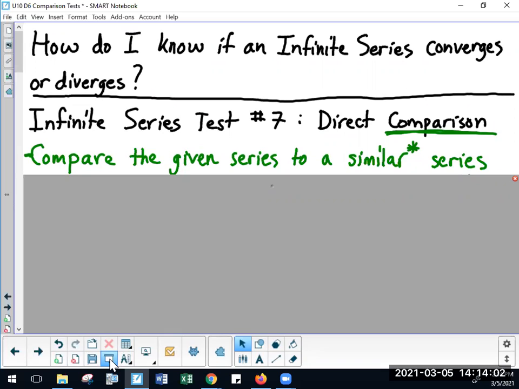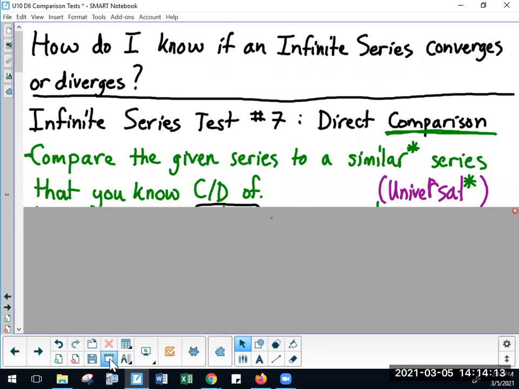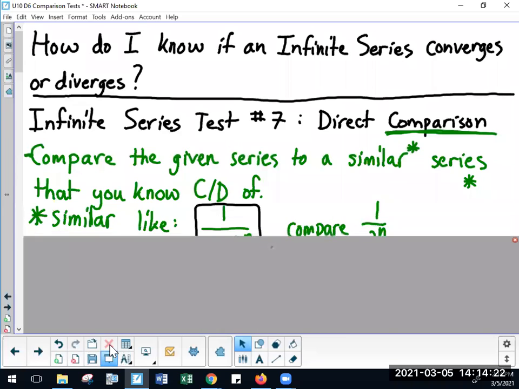And you need to come up with a similar series. It should be similar and something that you know the convergence or divergence of.